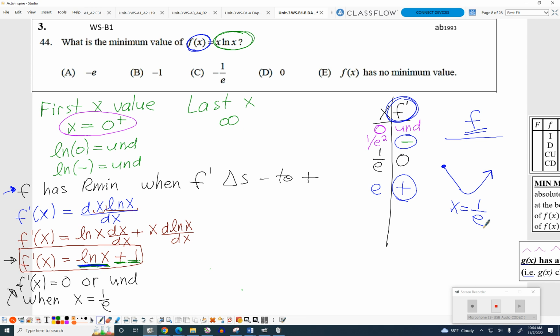Who knows the correct answer? Show me on your hand, what's the correct answer? What is the absolute lowest value that f will ever have? Some have it, some don't. Here's my formula for f. If I go find values of f, I want to find the value of f when x is 1 over e.